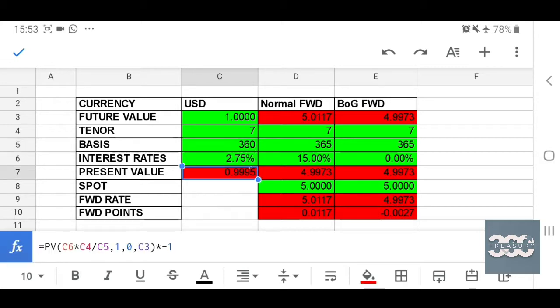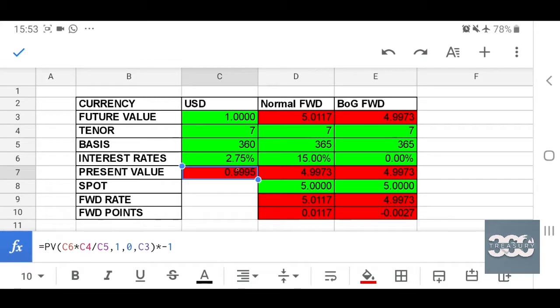So I would highlight the PV formula. Now you can use the PV formula in Excel, however you have to tweak the exchange rate a little. This rate will be a per annum rate, and if you want to use PV you have to use a rate that is specific for 7 days.